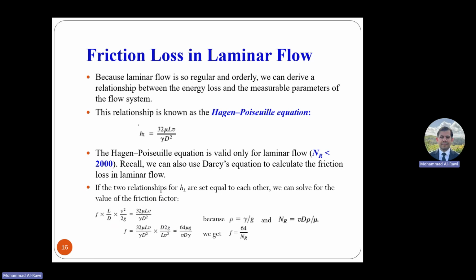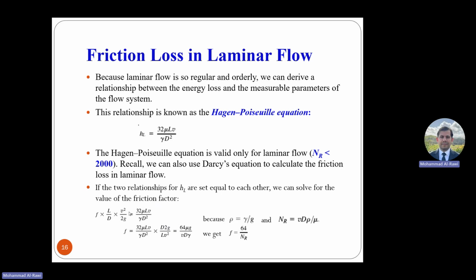This relationship is known as the Hagen-Poiseuille equation, which is HL equals 32 mu L V over gamma D squared. This Hagen-Poiseuille equation is valid only for laminar flows when the Reynolds number is less than or equal to 1000. Therefore, we could use the Darcy equation to calculate the friction loss in laminar flow. So we set the two equations equal: f times L over D times V squared over 2g equals 32 mu L V over gamma D squared.